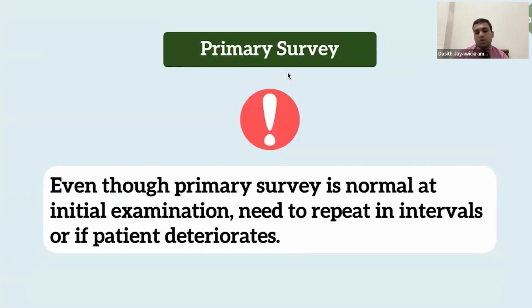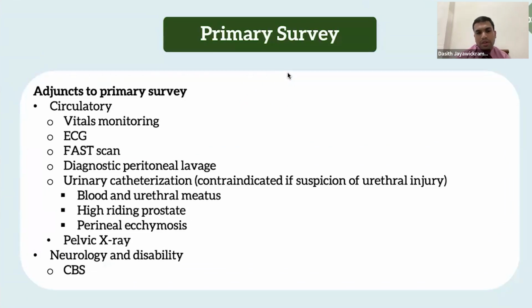Okay. So I just want to discuss a little bit about FAST scan and peritoneal lavage. The advantage of FAST scan is that it is readily available. It can be done as a bedside test.